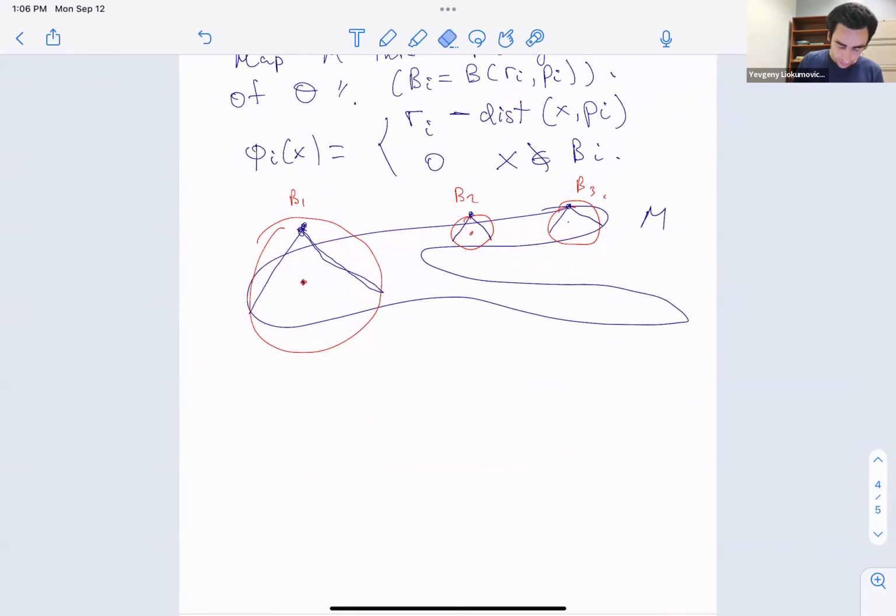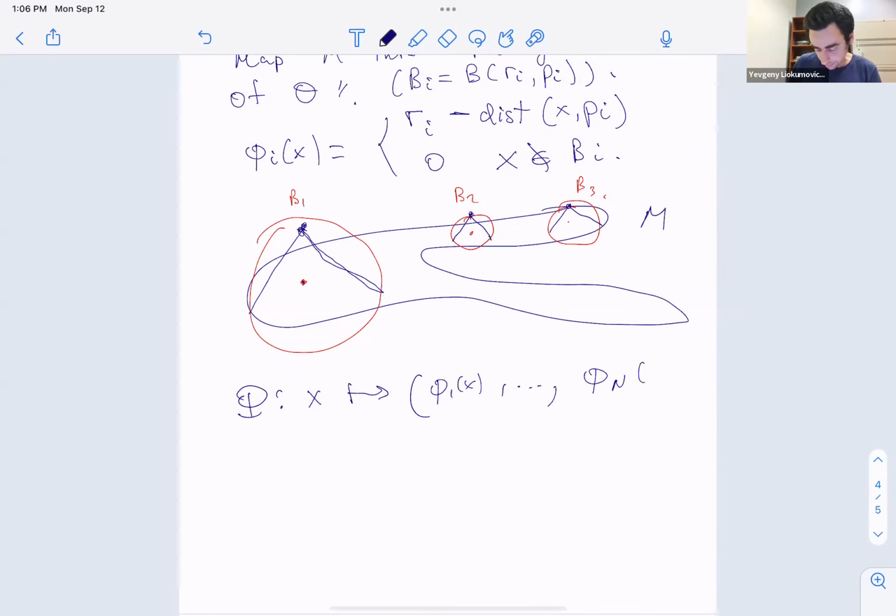And so we define a map capital Phi, which takes a point x and maps it into an n-tuple phi_1 of x, up to phi_n of x, where at least one of them will be non-zero because the B_i's are a covering.